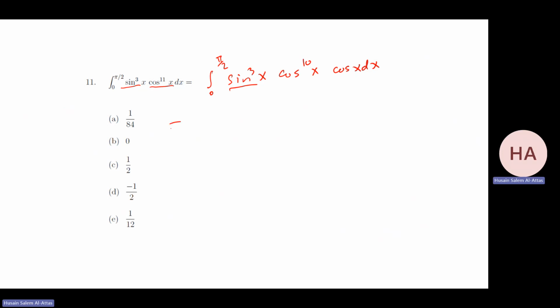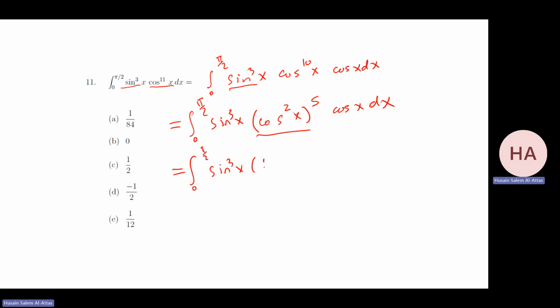So that will be 0 to pi over 2, sine cubed x, and this is cosine squared x to the power 5, times cosine x dx. Now I need to change this into sine. That will be 0 to pi over 2, sine cubed x, this is 1 minus sine squared to the power... You know what?